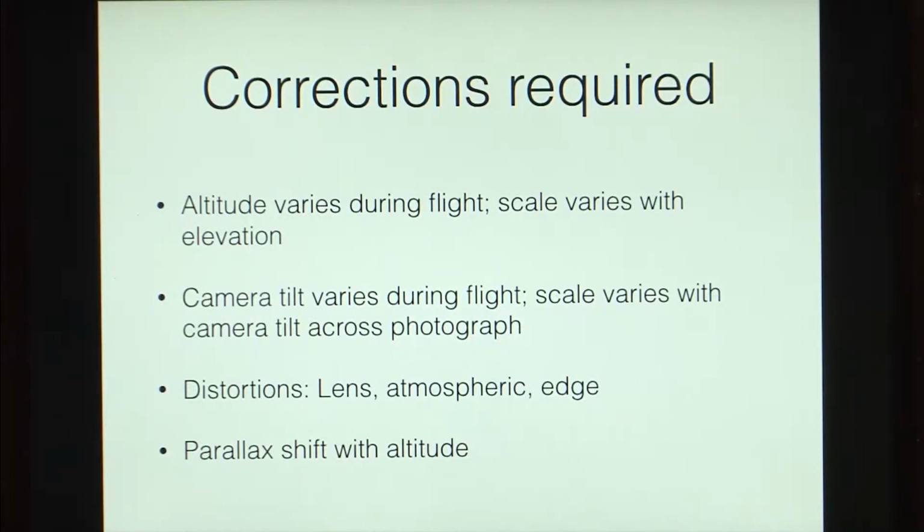Your altitude varies during the flight, and when the altitude varies, the scale varies with elevation as well. The camera tilt might vary with the flight, and the scales will vary with the camera tilt across the photograph. You might also have a number of distortions, lens distortions, atmospheric distortions and edge distortions that need to be corrected, and there will also be a parallax shift with altitude.